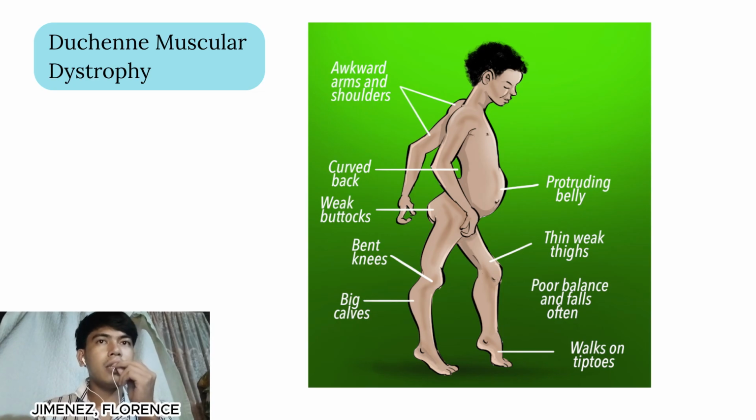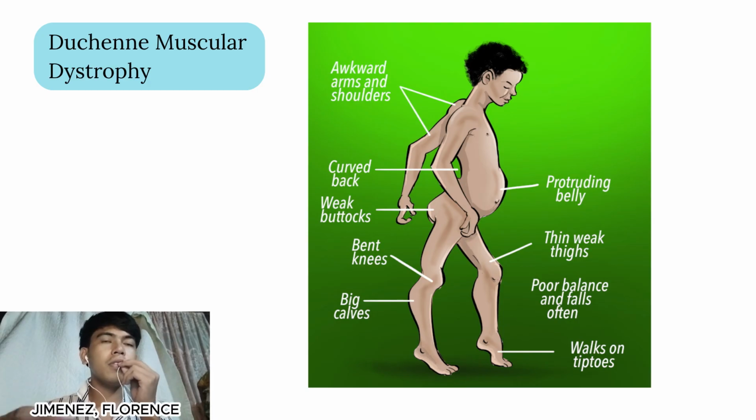Duchenne muscular dystrophy. In Duchenne muscular dystrophy, mutations in the dystrophin gene lead to progressive muscle fiber degeneration and weakness.